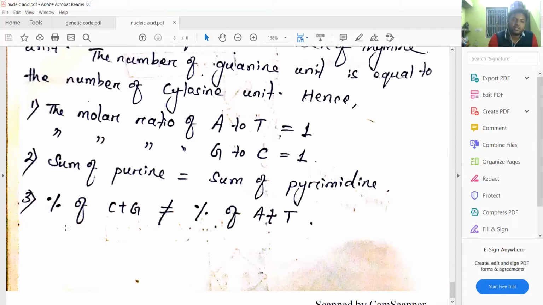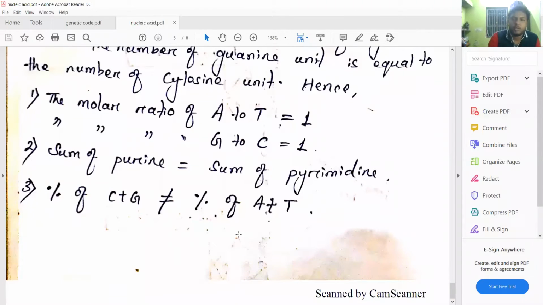And most important, the percentage of C plus G is not equal to the percentage of A plus T. Okay, now it's over. Is there any doubt?